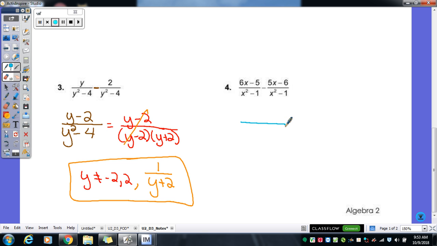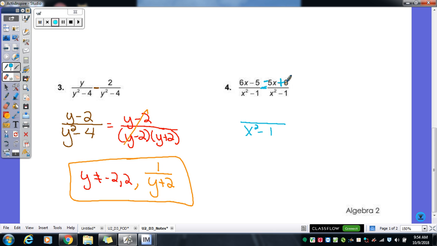All right, number 4, denominators are the same. They're both x squared minus 1, so I'm going to leave that as x squared minus 1 for now. We are subtracting here. So when we're subtracting, we have to remember this subtraction sign is going to go to both parts of that numerator after it. So that makes, we're going to be subtracting 5x, and when I subtract a negative 6, that means I'm really adding 6.